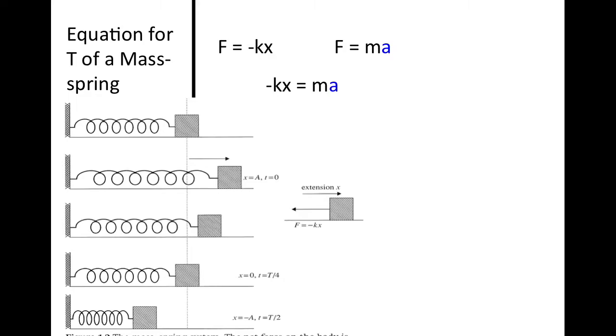To incorporate the elements of simple harmonic motion, we need to substitute something. We can substitute for acceleration because we have the acceleration for simple harmonic motion, which is negative omega squared x. When we plug that in, we get k equaling mass times omega squared.